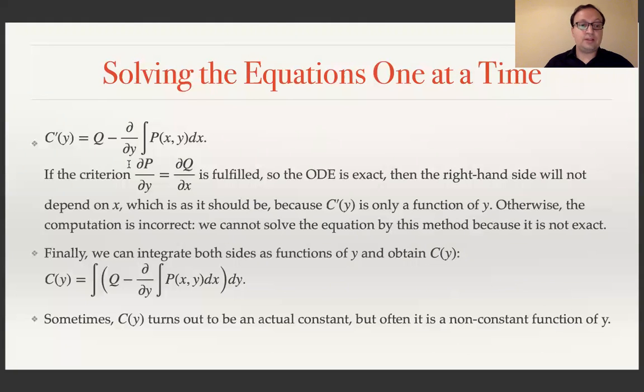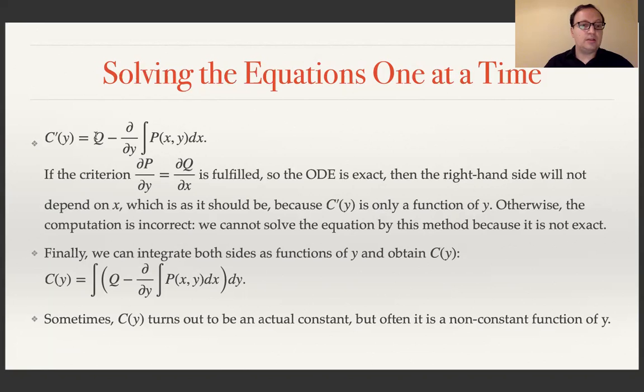So if the exactness criterion, partial p over partial y is equal to partial q over partial x, is fulfilled, then the right side of the equation will not depend on x at all. It will just be a function of y. And then we have c prime of y is equal to this complicated looking function of y.